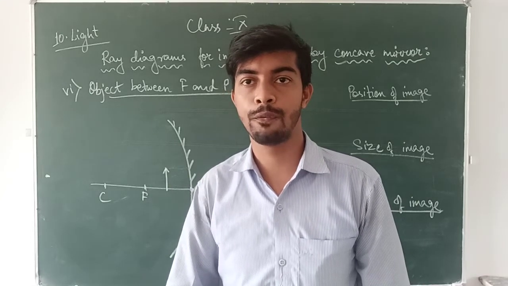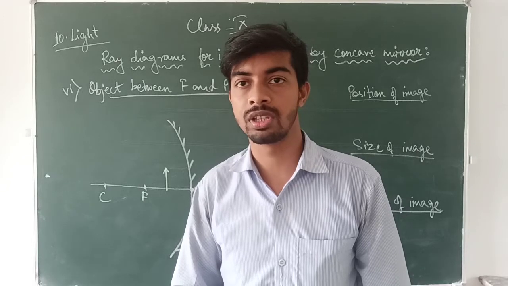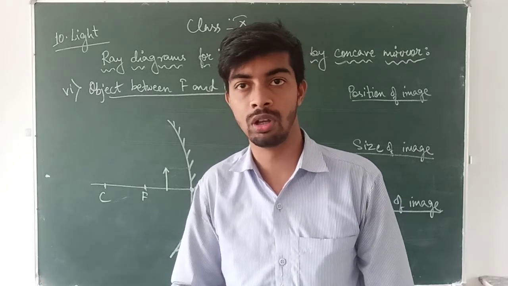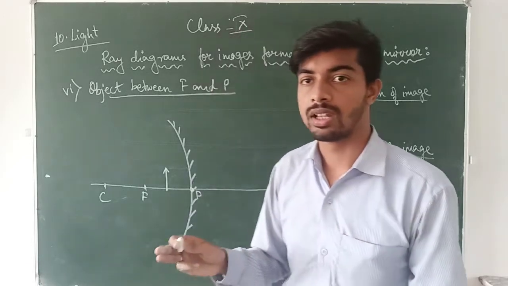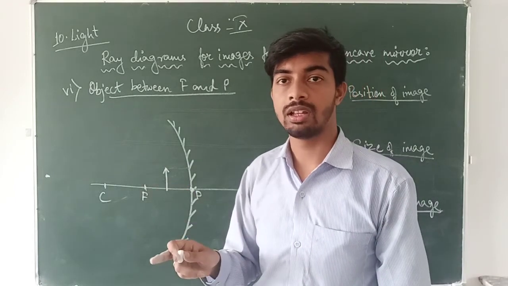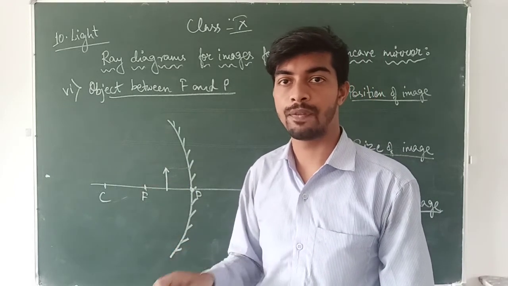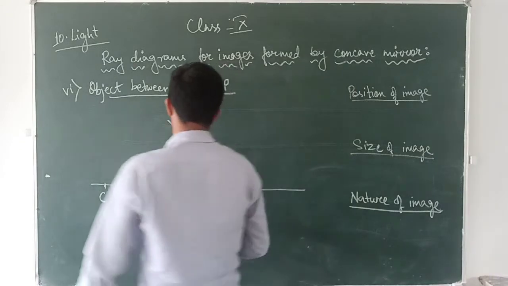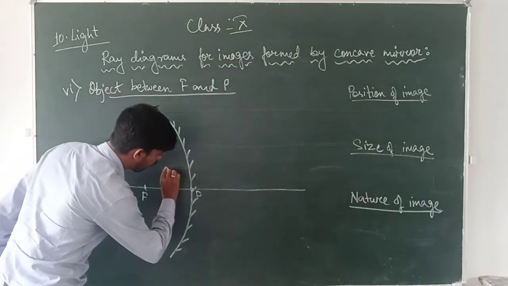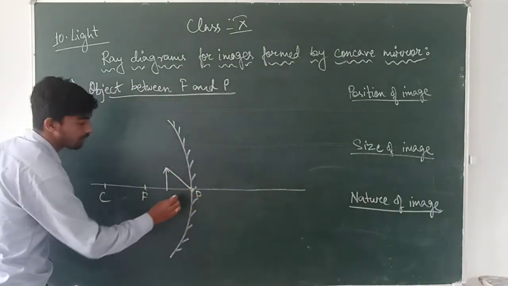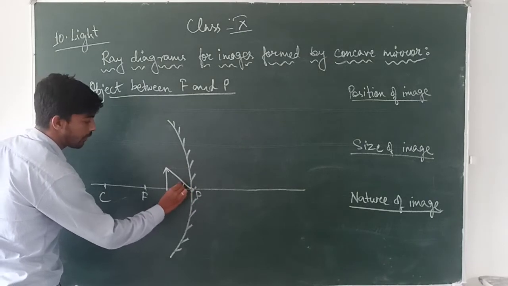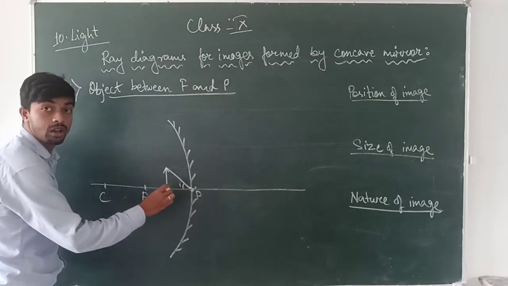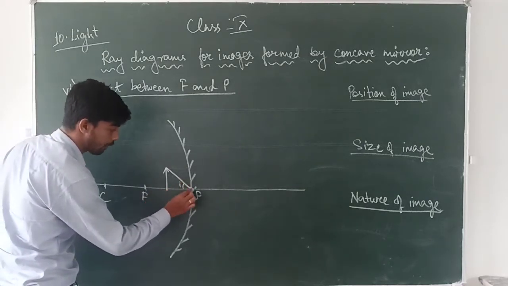So instead of violating those terms, we will use the fourth rule, which was any light ray falling on the pole reflects at the same angle. So here the light ray will fall onto the pole like this. This angle will be the angle of incidence, and the angle of incidence should be equal to the angle of reflection.